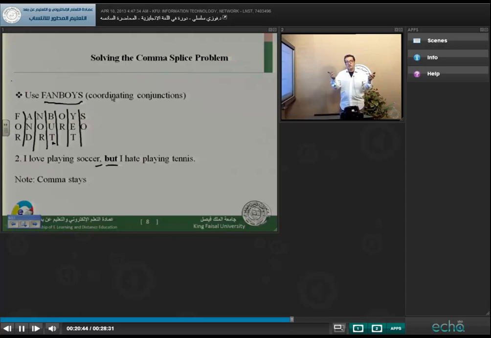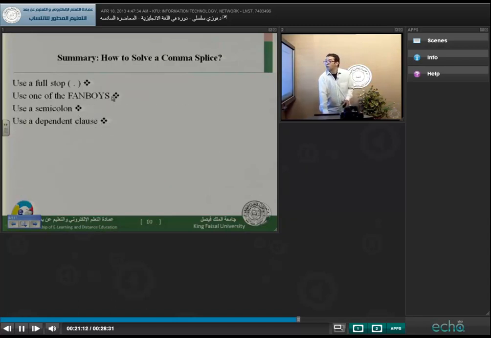If these two sentences are connected in sense, and you think you can connect them using one of these, then use one of these and get rid of the period. Or you keep the comma, but it makes sense. I love playing soccer, comma, but I hate playing tennis. It makes sense. The third way, the third solution to a comma splice is to use a semicolon.